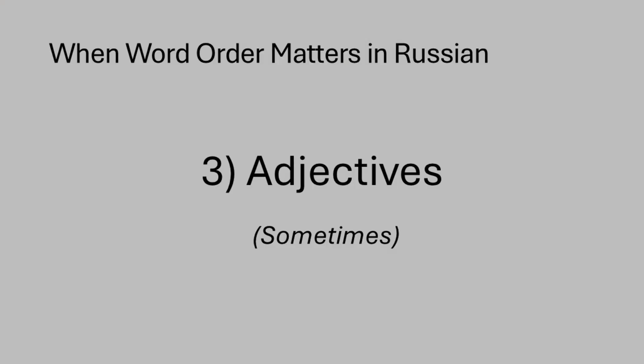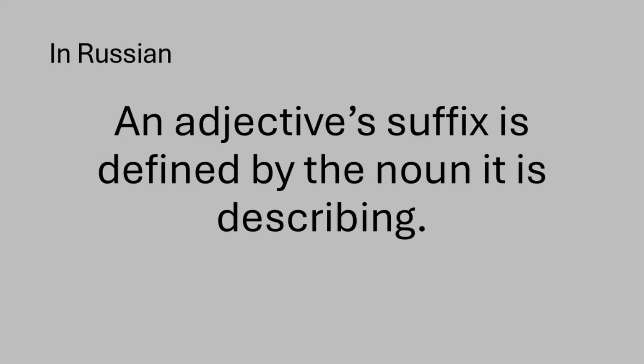The third, adjectives. Now, this one is kind of like an optional one. It's not a rule, but it's good practice. Because adjectives carry the same ending as the noun, well, more or less, or same style of ending.